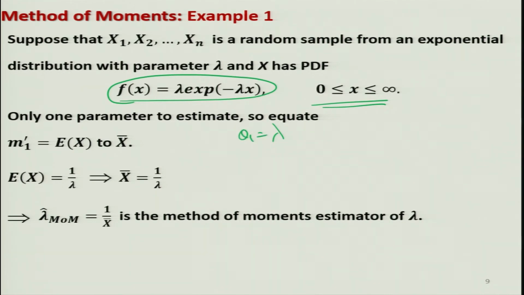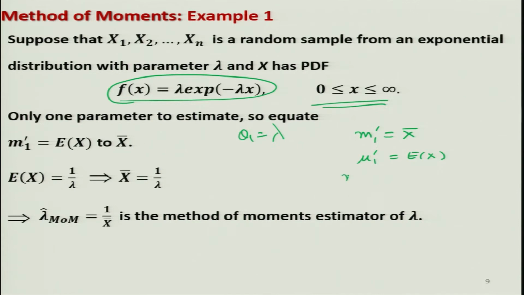So, this means we simply have to compute the first raw moment based on sample and population. The first raw moment based on the sample is indicated by m1 prime, and this is equal to capital X bar, and the first raw moment based on the population is mu 1 prime, which is actually the expected value of x.